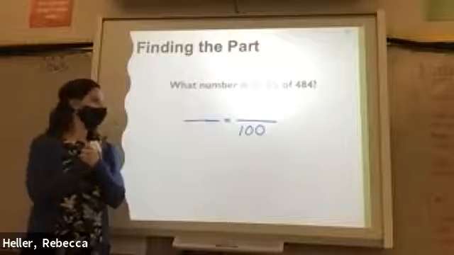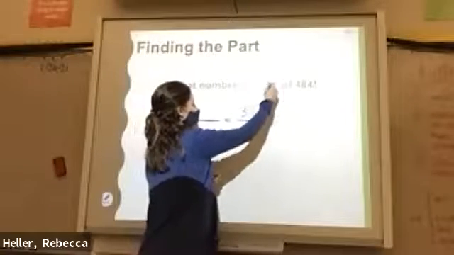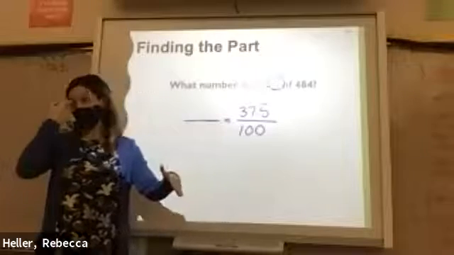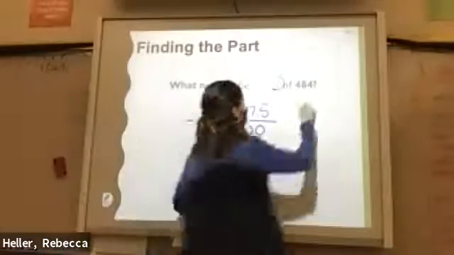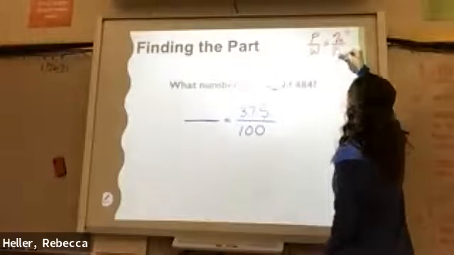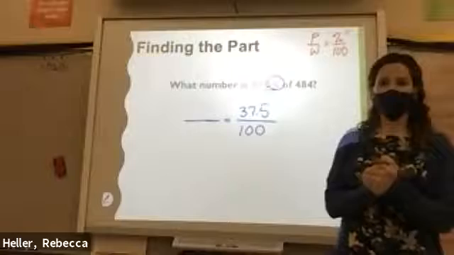Write it on top of the 100. You got it. Because it's a percent. The percent symbol kind of gives that away. And the percent always goes above the 100. Okay? I'll put this over here. So we have that as a reminder. Where would the 484 go?